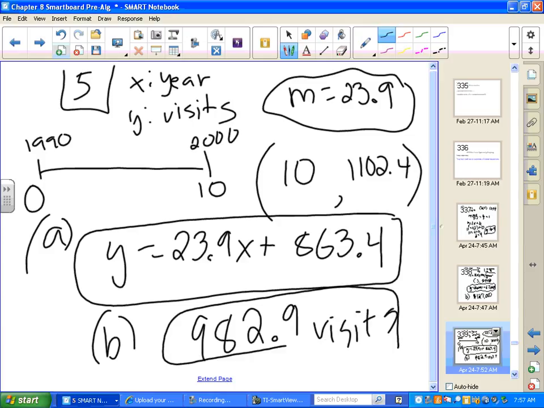So how did you guys find B? What did you plug in for X, Sean? I did 23.9 times 5. Good. So you're putting 5 in for X to solve for B. 1995 is right here. It's the 5th year. So you're plugging 5 in for X to solve for part B. Annalise?